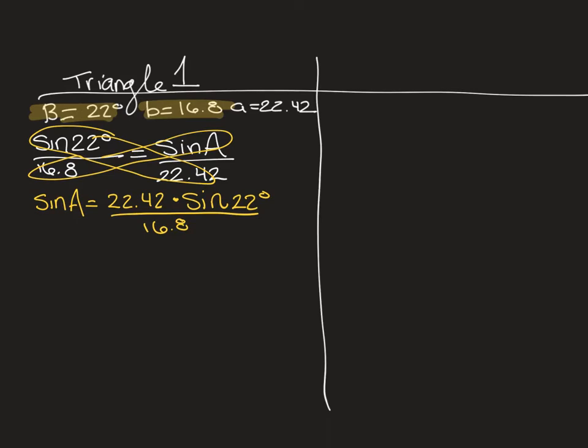It's going to come out to be 0.4999 repeating, but we need to solve for A. So in my calculator, I'm going to have to do arc sine of my answer, the 0.499921. And if your calculator's in degrees, it's going to give you a degrees answer. So I highly recommend that you put your calculator in degrees.